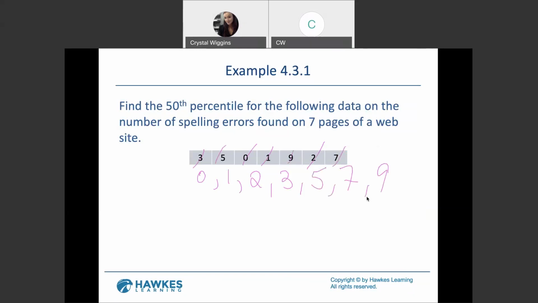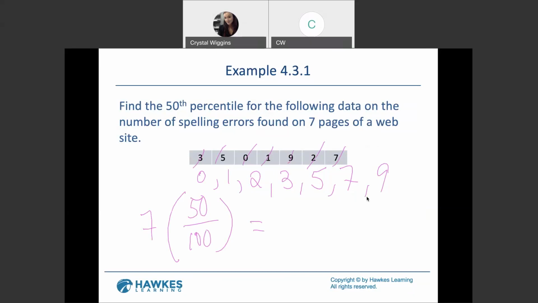Now that they're in order, I count that there's 1, 2, 3, 4, 5, 6, 7 data values. So I'm going to take 7, which is n, and multiply it by 50 over 100. The formula is the sample size, 7, times the percentile you're looking for divided by 100.